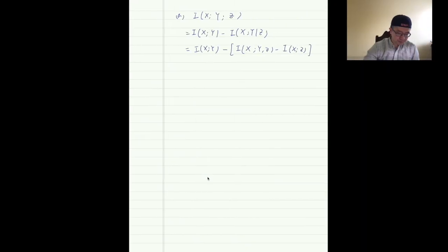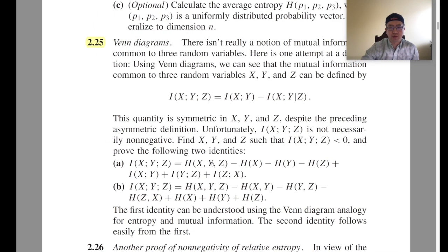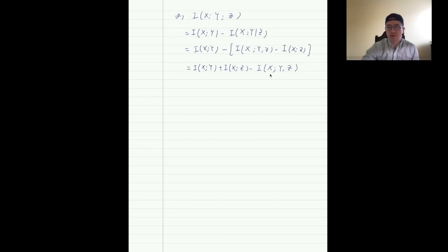And then let's see what we can, maybe we write one more step here to make it look better, minus mutual information between x and yz here. Okay, so the next step is that you can see we have lots of this entropy term here, right? But is there a way we can write this as that kind of entropy term? We can, right?